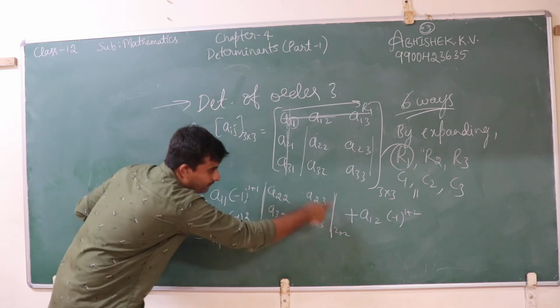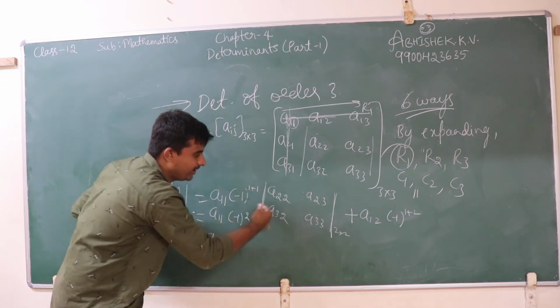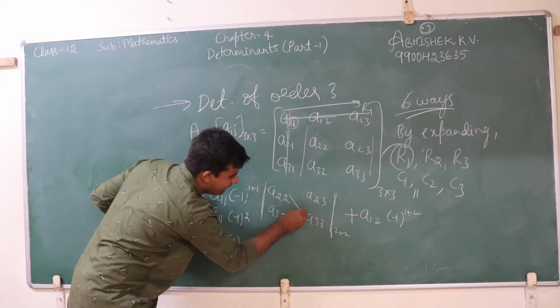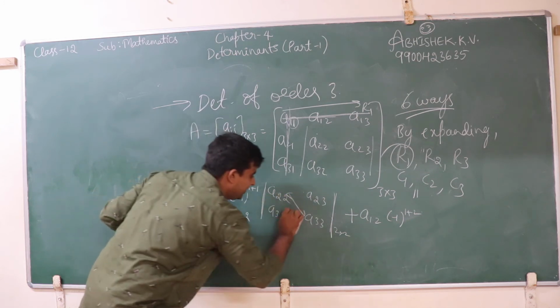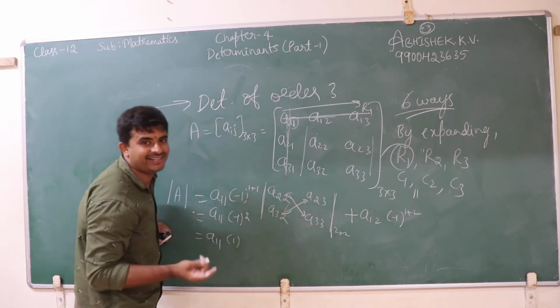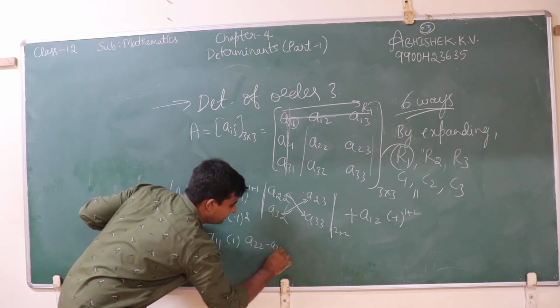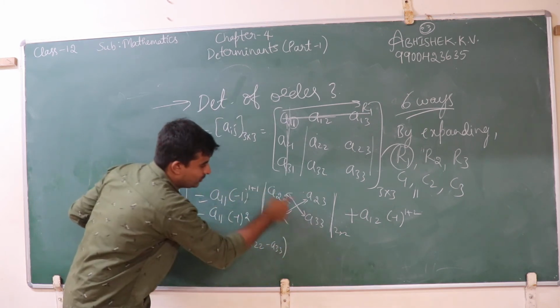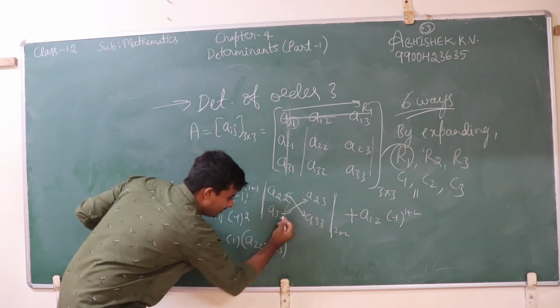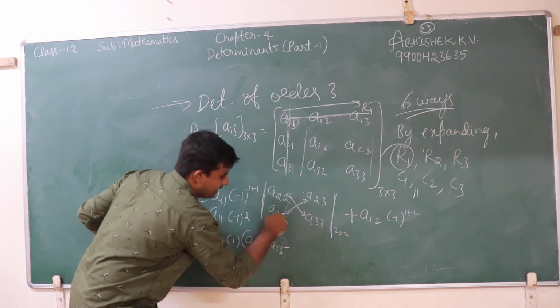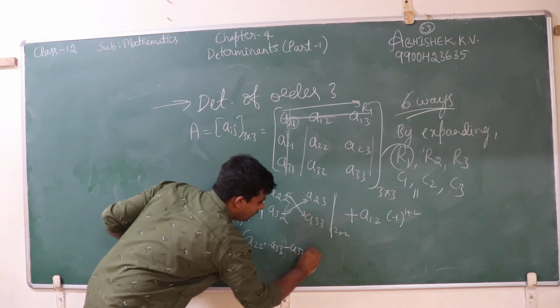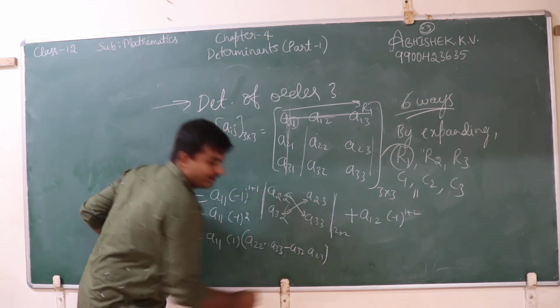Determinant of 2 cross 2, as I already told you, is the product of diagonal elements minus the product of anti-diagonal elements, that is A22 into A33 minus A32 into A23.